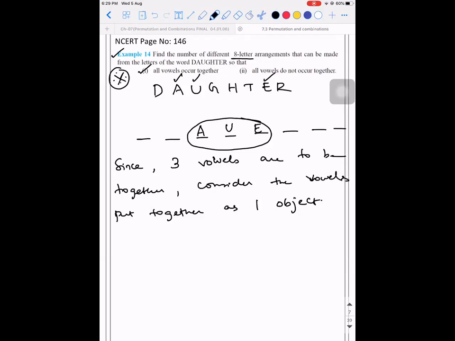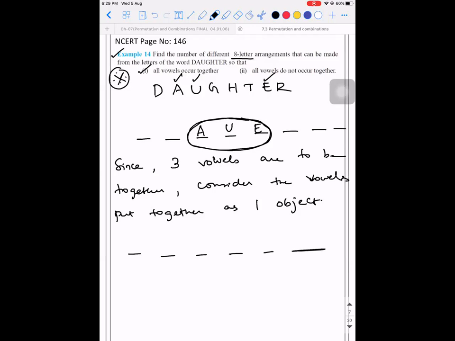Then all the consonants, for placing the consonants, how many places do you have? 5. So if you tie all the vowels together, then can I say the question has got reformed like this: 1, 2, 3, 4, 5 places for consonants, and all the 3 vowels put together is one blank space.